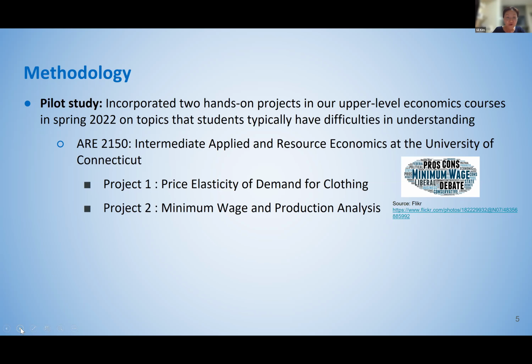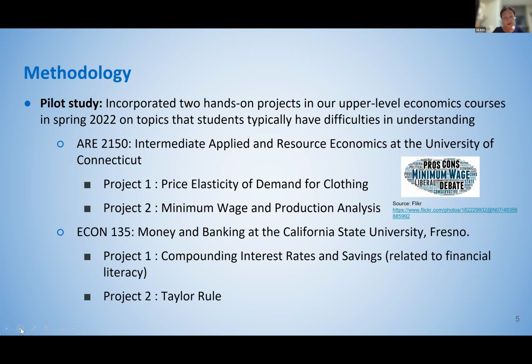For ARE 2150, Intermediate Applied and Resource Economics at University of Connecticut, Project 1 is Price Elasticity of Demand for Clothing, Project 2 is Minimum Wage and Production Analysis. For Econ 135, Money and Banking at California State University, Fresno, Project 1 is Compounding Interest Rate and Saving related to financial literacy. Project 2 is about the Taylor Rule.